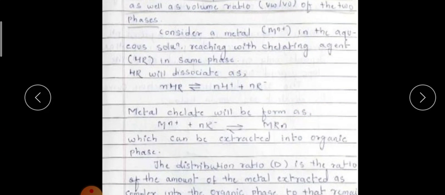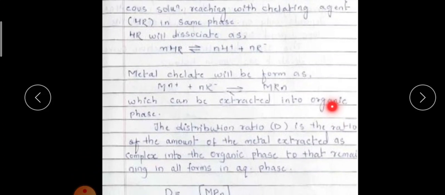Here we have to consider a metal Mn plus in the aqueous solution reacting with the chelating agent HR in the same phase. HR will dissociate as HR gives H plus plus R minus. The metal chelate will be formed as Mn plus plus nR minus gives MRn, which can be extracted into the organic phase.